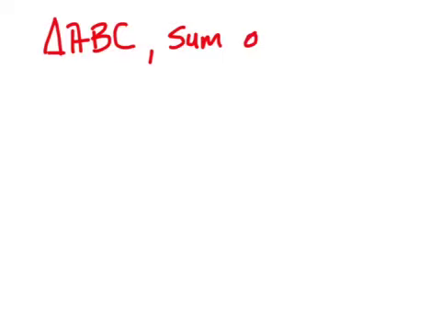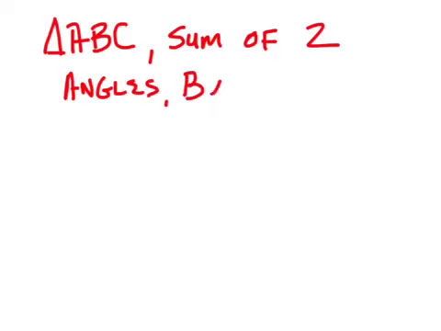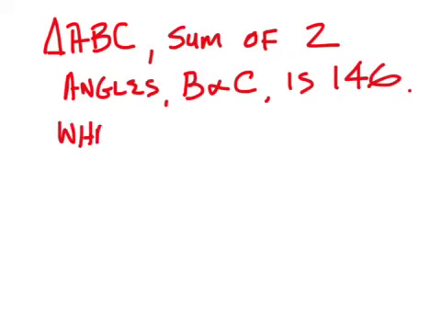In triangle ABC, the sum of two angles, B and C, is 146. What is angle A?